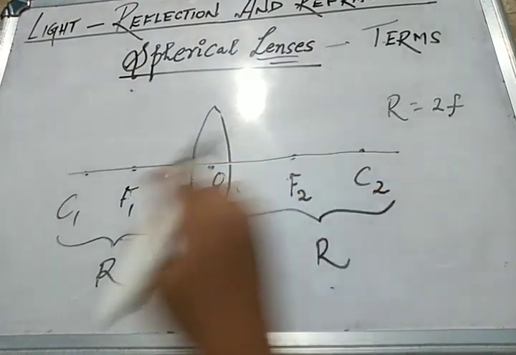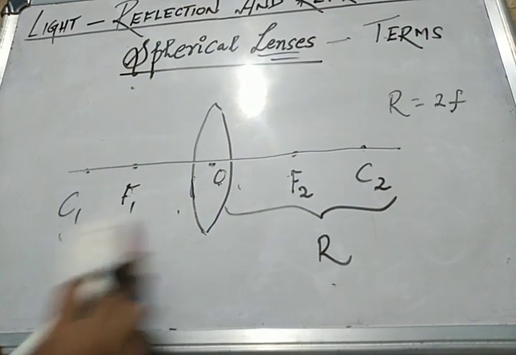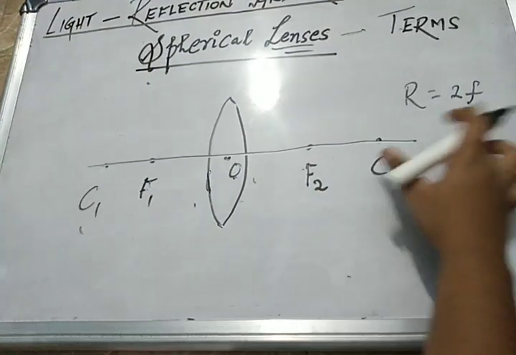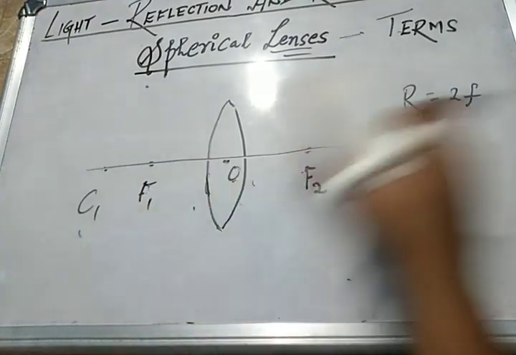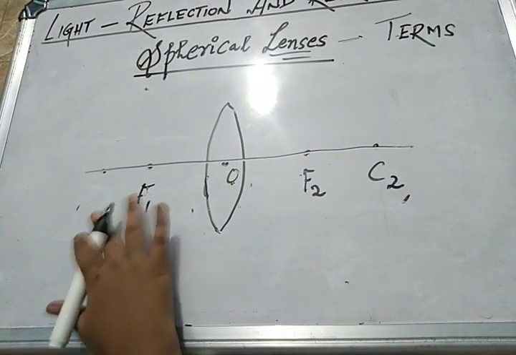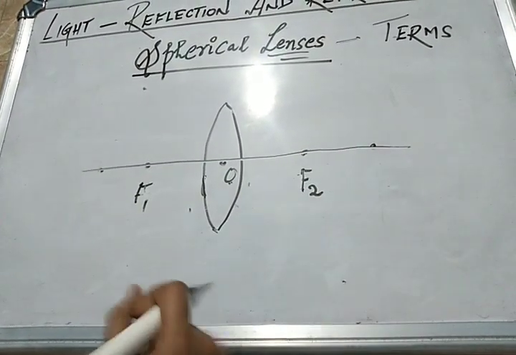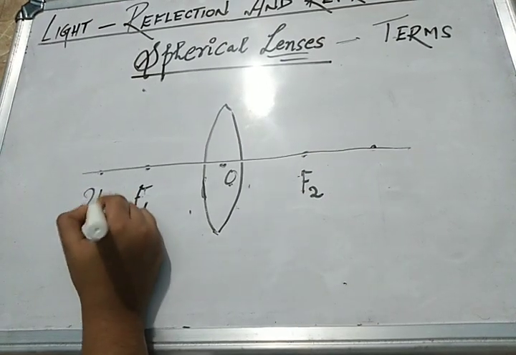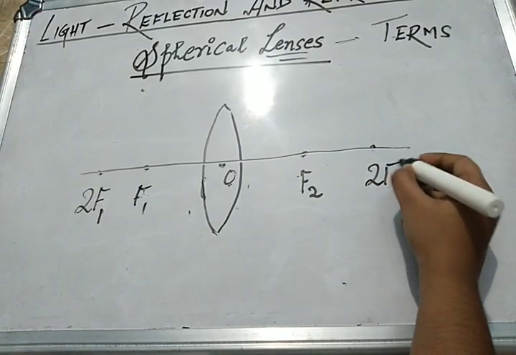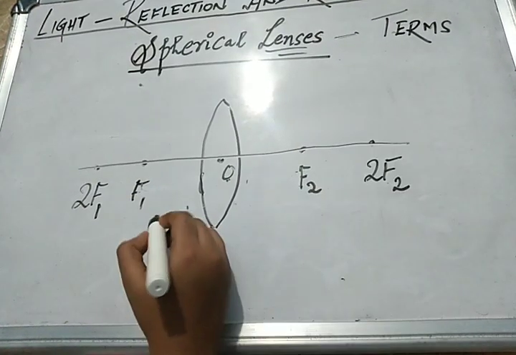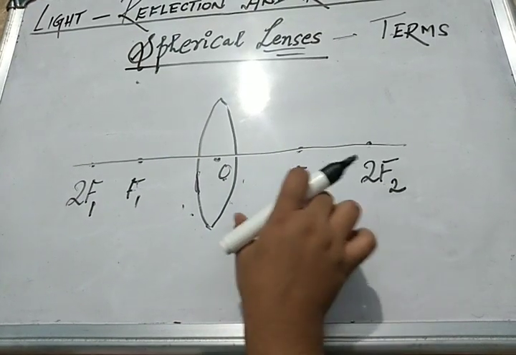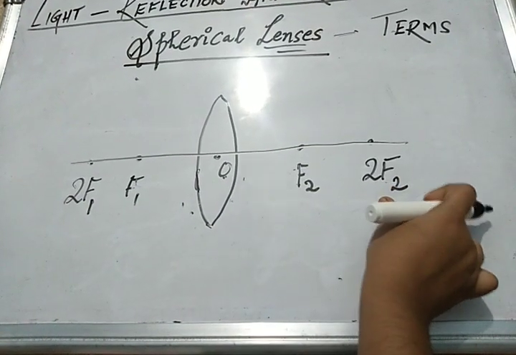So instead of taking C1, C2, what we do is we implement this formula. So instead of taking C1, C2, we write 2F1 and this is 2F2. Twice this is this and twice this is this.